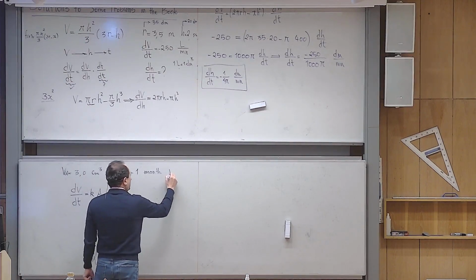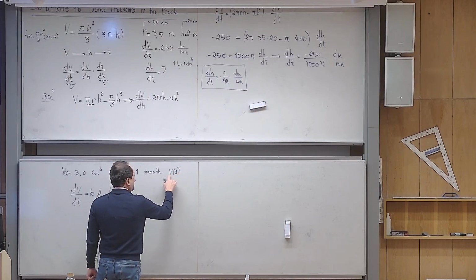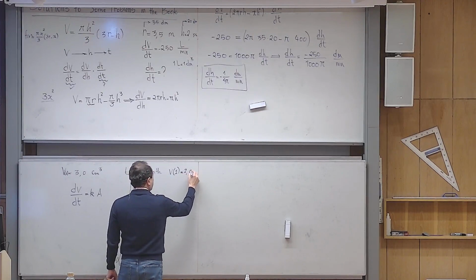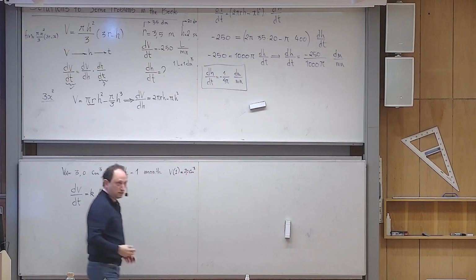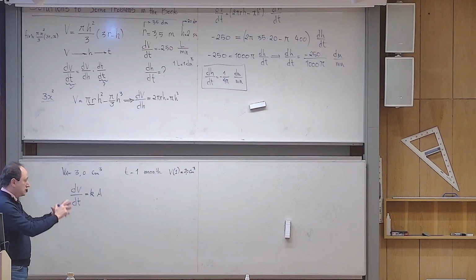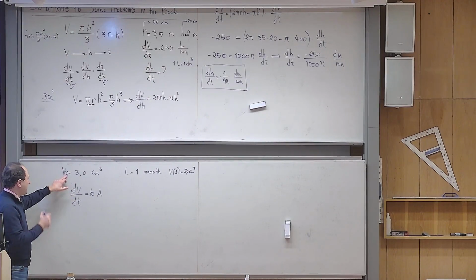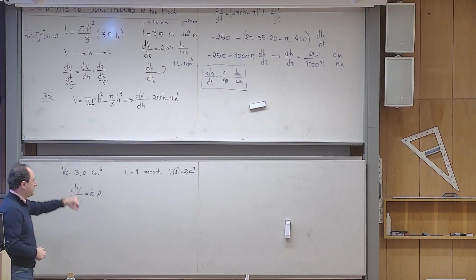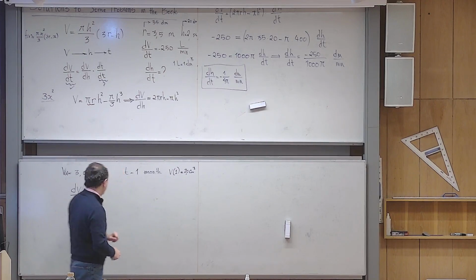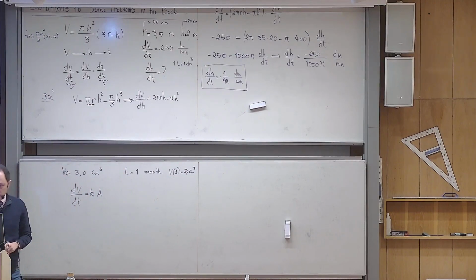But after 1 month, the volume becomes 2 cubic centimeters, yes? I'm just translating this into mathematical symbols. So at initial time 0, we have this. After 1 month, the volume is this much, and this is the way it changes over time.